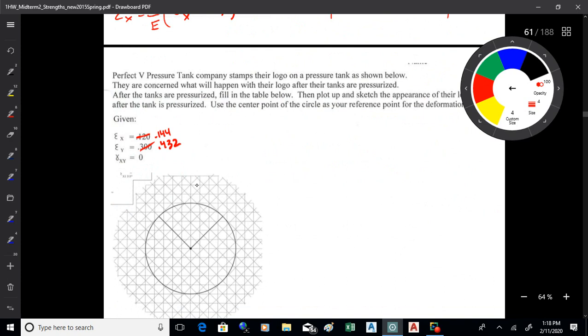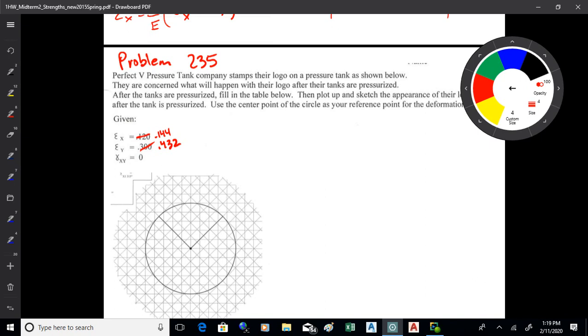So let's go to problem 235. That's in your book, of course. And that's a setup.